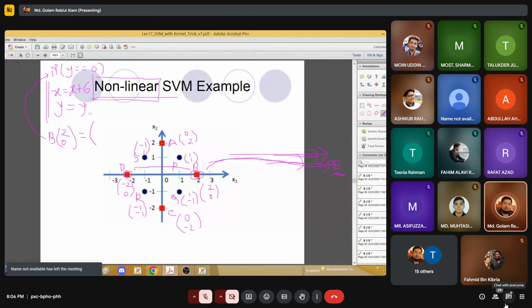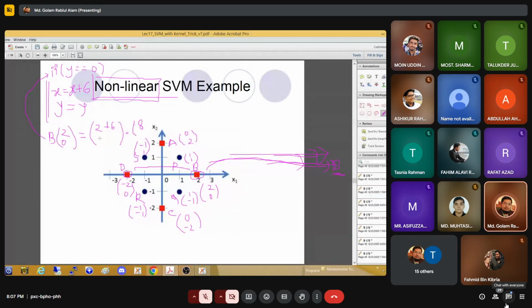Then what will be the new location? Previously x is 2, so 2 plus 6 is 8. It means we will get this value as 8.